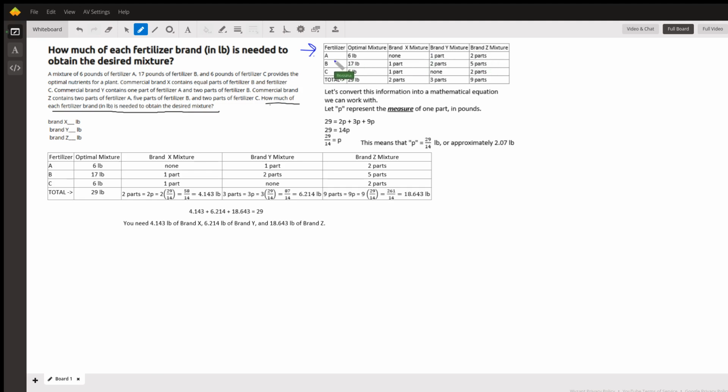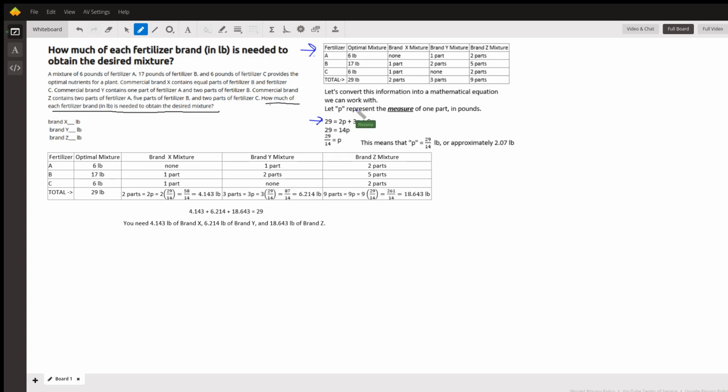Now, look at this table here and understand what we can put together. You've noticed that I got a total of 29 simply by adding these numbers up. So I know, at the end of the day, I need a total of 29 pounds. But what does that consist of?